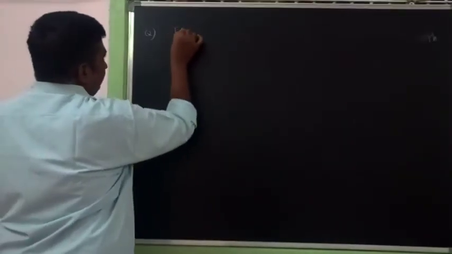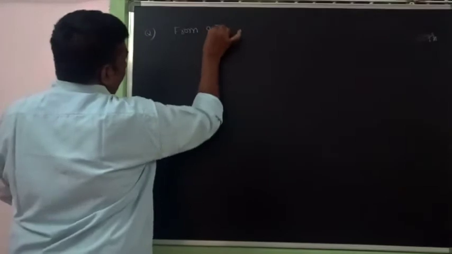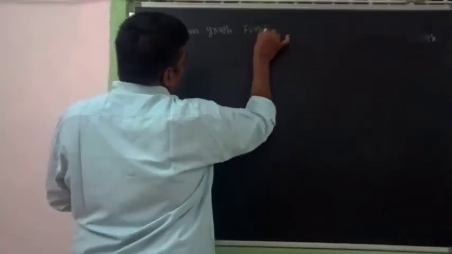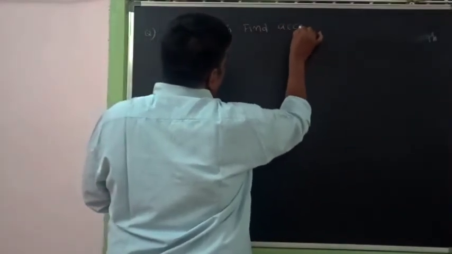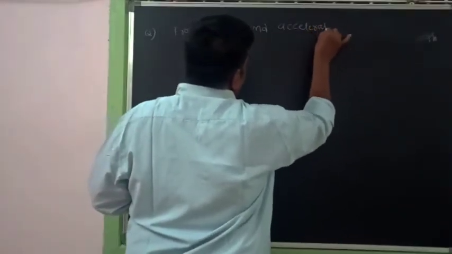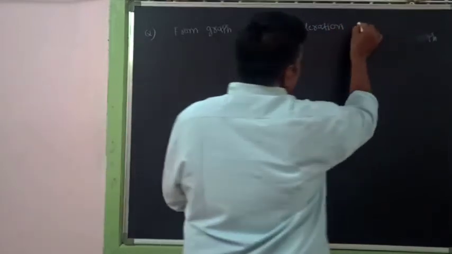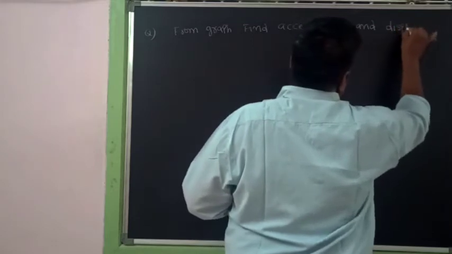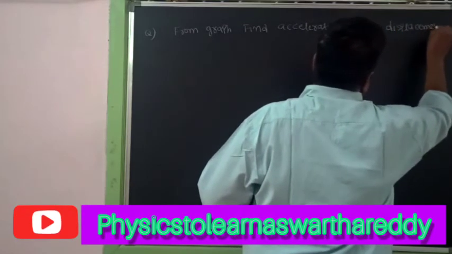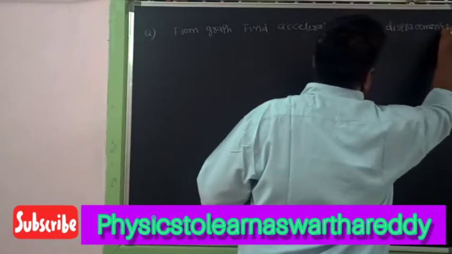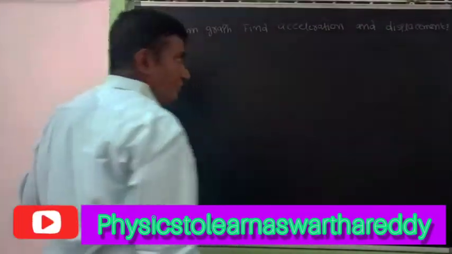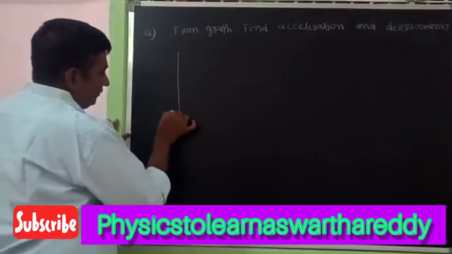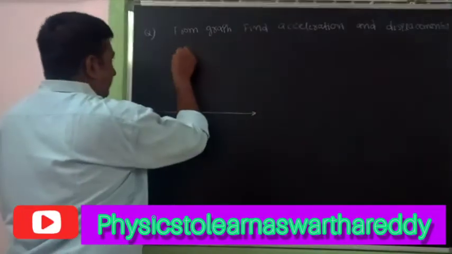From the graph, find acceleration and displacement. In the previous example we discussed only displacement. Now we are going to find acceleration and displacement.